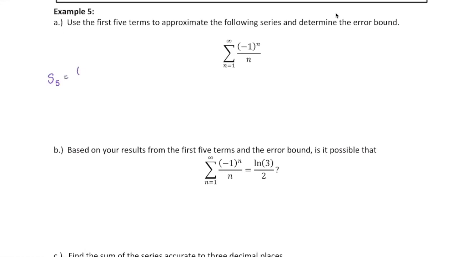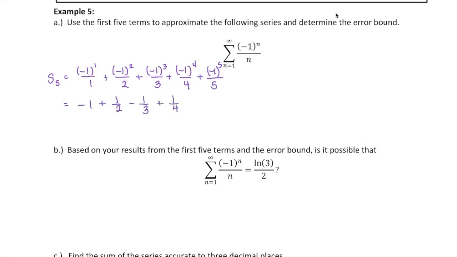We're going to do -1 to the first divided by 1 plus -1 to the second divided by 2 plus -1 to the third divided by 3 plus -1 to the fourth divided by 4 plus -1 to the fifth divided by 5. Well, this comes out to -1 plus 1/2 minus 1/3 plus 1/4 minus 1/5. You can see the alternating of terms happening there.